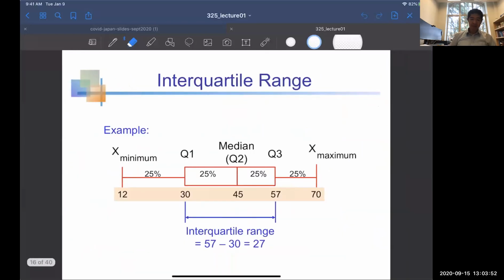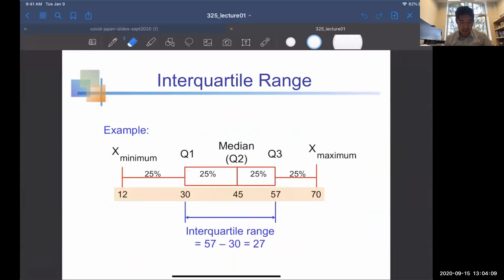So for this reason, we want to start thinking about presenting better information in terms of the distribution where the data lies.